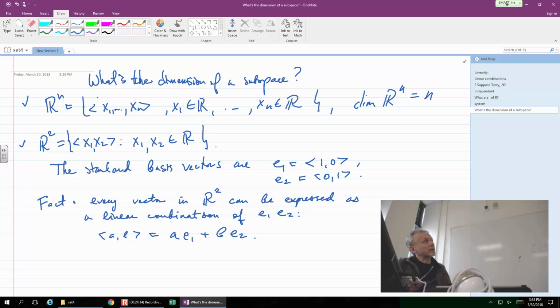Indeed, this could be used later to understand what a two-dimensional space would look like. So once again, every vector in R2 can be expressed as a linear combination of E1, E2.